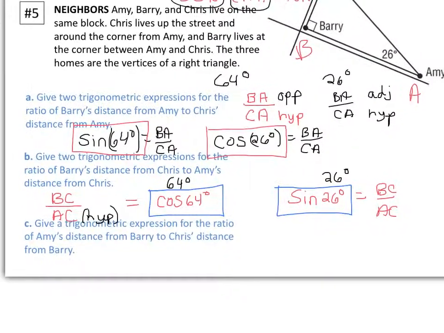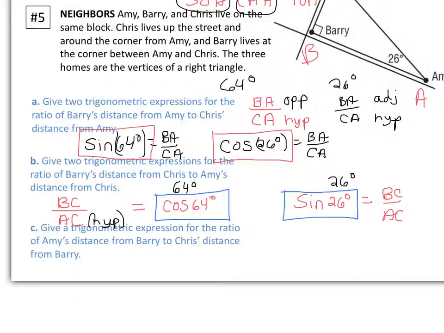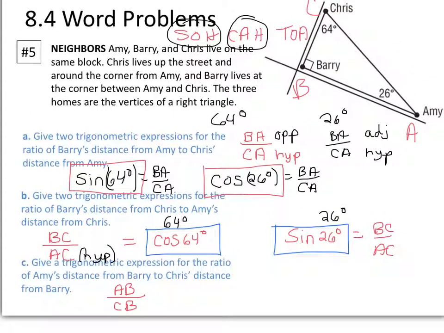And finally, the last question here, C, give a trig expression for the ratio of Amy's distance to Barry, that's AB, and that ratio, AB to Chris's distance from Barry, so that's CB. So taking a look up here in our drawing, AB is here, and CB is here. And so we've got our choice here. Actually it asked for 1, not for 2, but we might as well list 2.